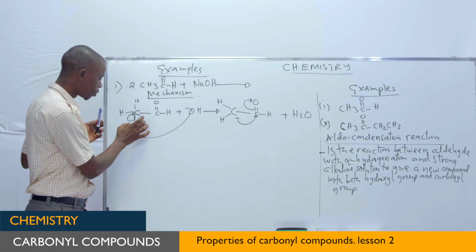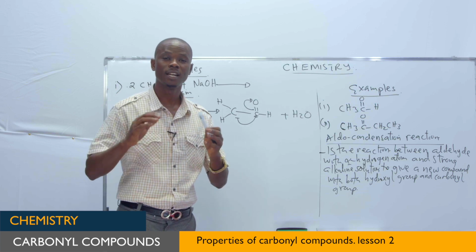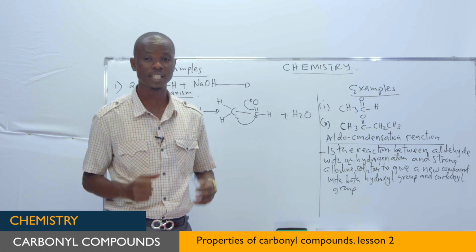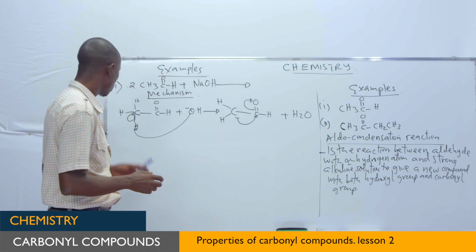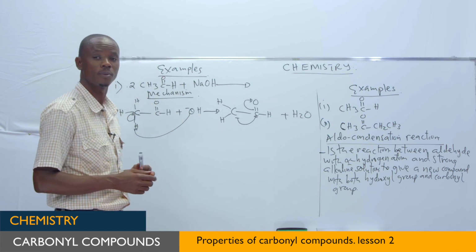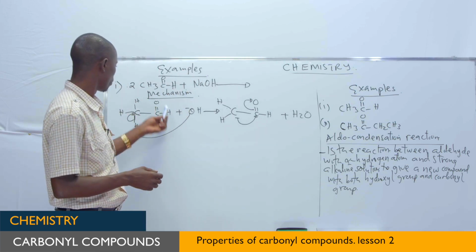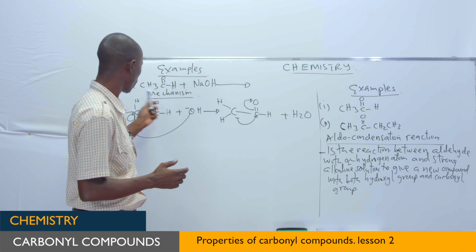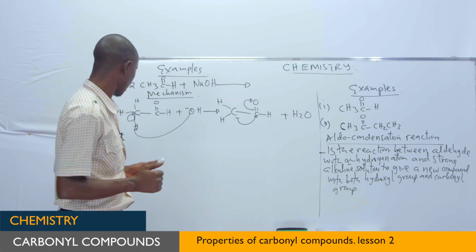Now this proton is released, and here comes a point to explain that carbonyl compounds are acidic in nature. What explains the acidic nature of carbonyl compounds is the ability to donate a proton. Now how? The carbonyl group is a strongly electron withdrawing group.